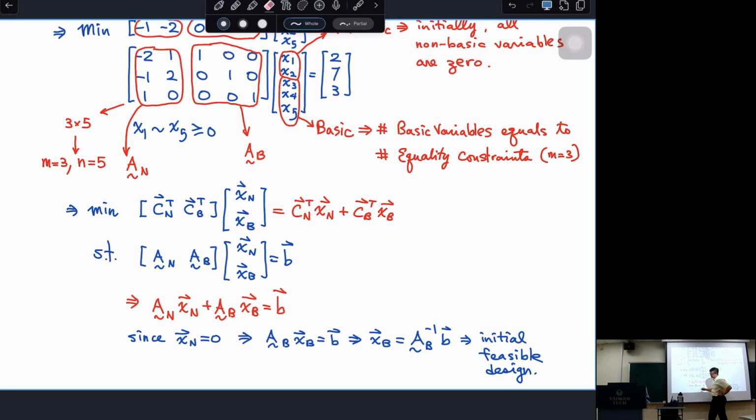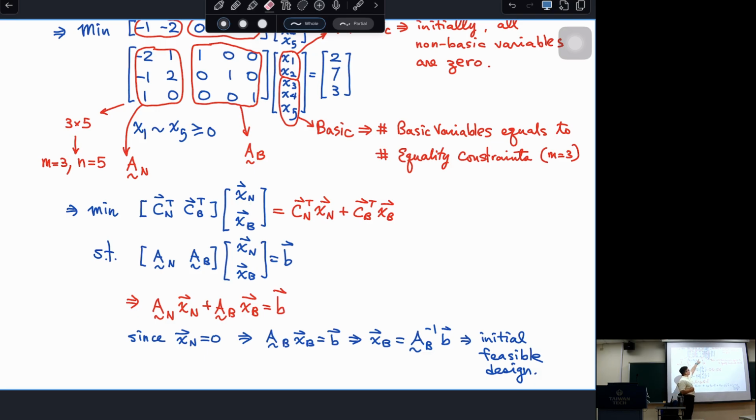So in this case, you can easily see, because x1 and x2 are 0, these coefficients multiplied by 0 don't contribute to anything, equal to 0. So all you need to pay attention to is this matrix multiplying the basic variables equals the coefficient on the right, small b.